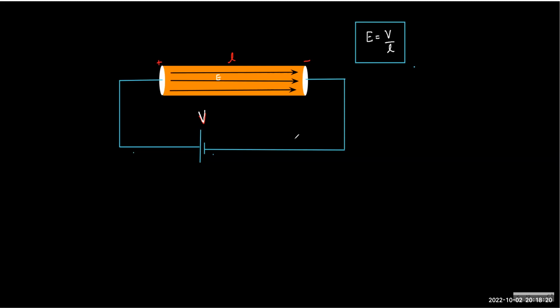So now the good thing is the J we write is sigma into E, or you can say E equals rho J. I can derive from it.